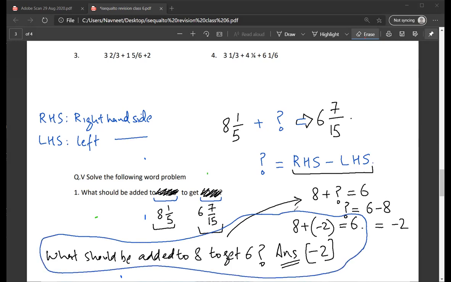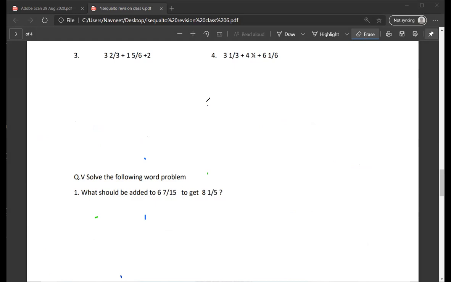So you should be able to make such equations because the question can vary. So be very clear. What should be added to this to get this? So 6 7 by 15 plus something would be equal to 8 1 by 5.